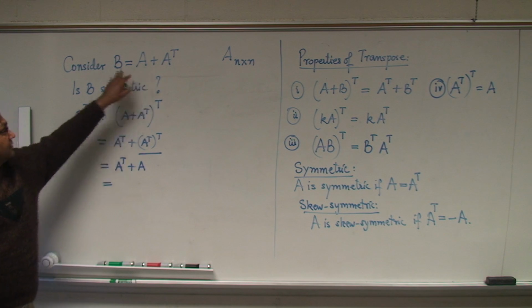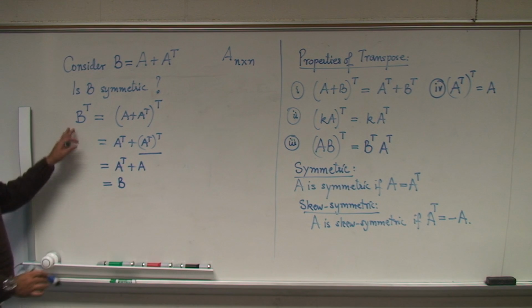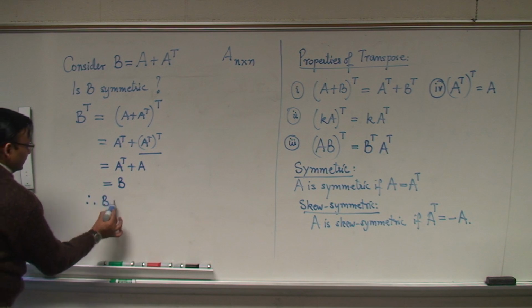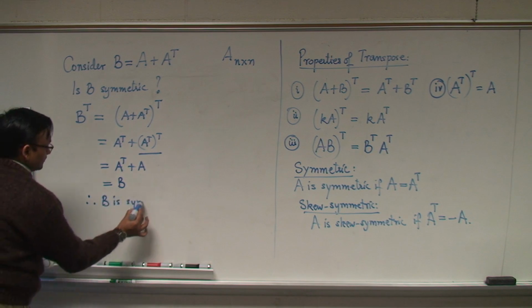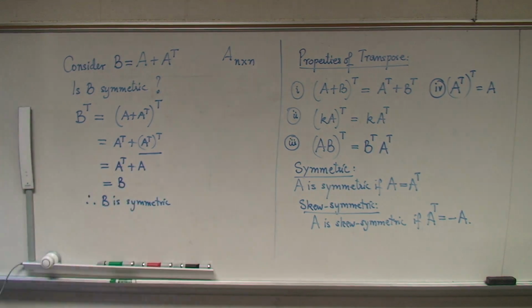So A transpose plus A is the same as B. Since B transpose turns out to be equal to B, we can say B is symmetric. So if you take any matrix A and add its transpose, the sum matrix will always be a symmetric matrix.